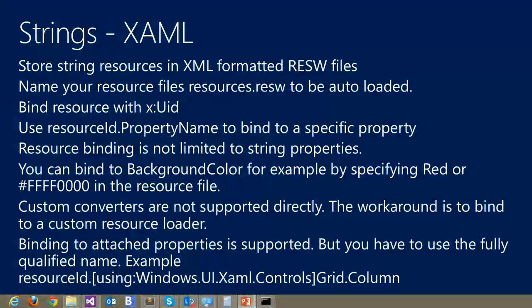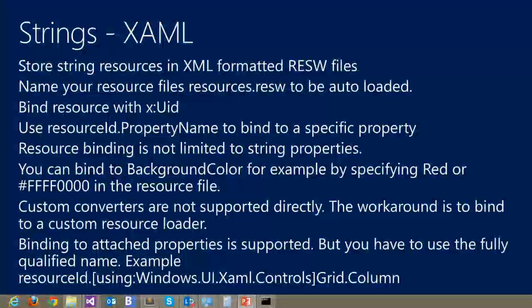The resource binding is not limited to string resources. So any value with a built-in value converter, like colors, I can put a property with a color red and bind it to the foreground, and it will be automatically converted to red. Also the font size, I can do that. Also the flow direction.